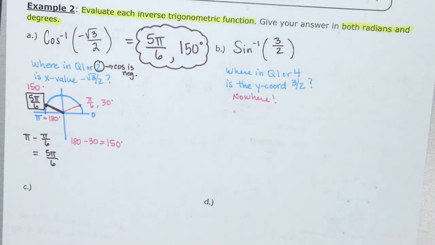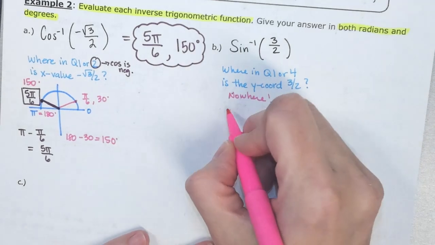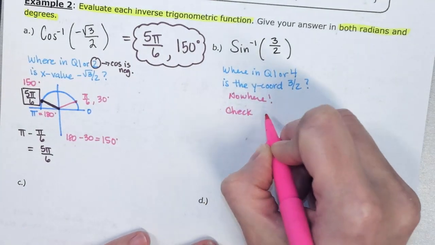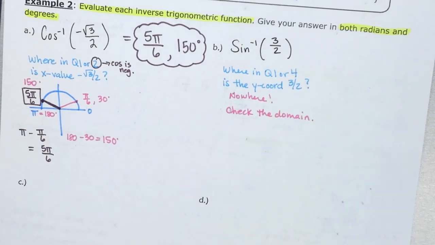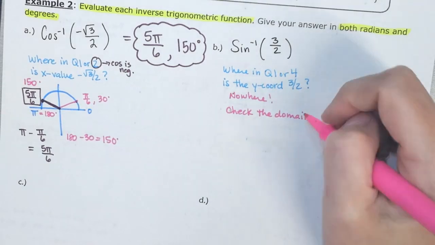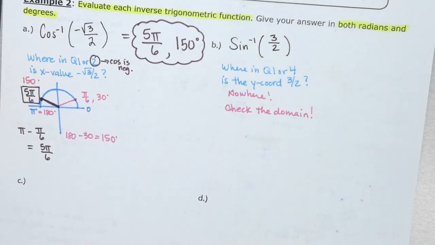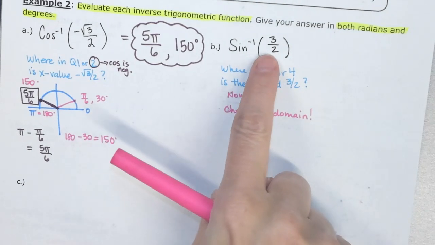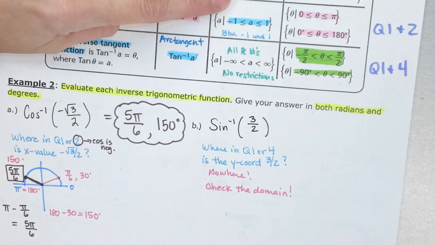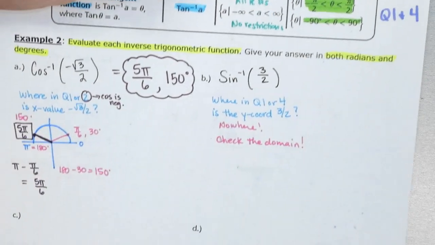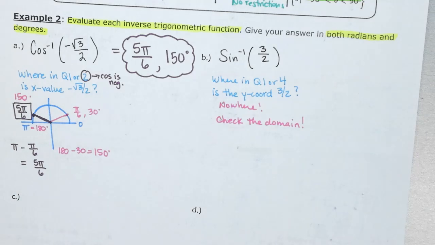So what you want to do here is check the domain. You want to check to make sure this is in your domain. So it's 3 over 2. We said the domain had to be between -1 and 1. Is that in our domain? Nope.